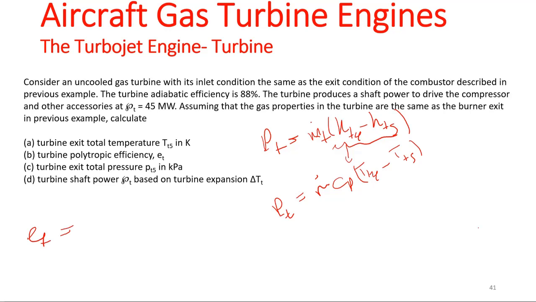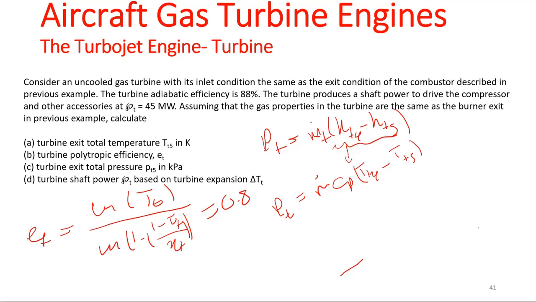E of t is equal to natural log of tau of t over natural log of 1 minus, I forgot the equation, 1 minus tau of t over. That was it, right? Yep. Okay. So this was the equation. You plug in the values, and you get E of t to be 0.814.